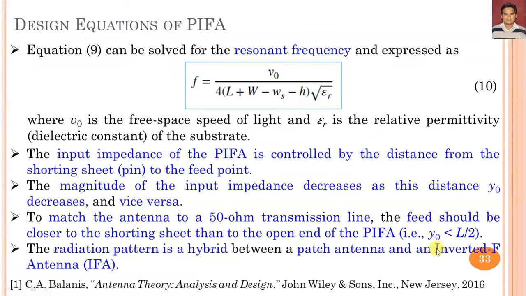In that case we get a bidirectional pattern, or we can say a figure of 8 shape. If we merge both the patch antenna and the inverted F antenna, then we get hybrid radiation pattern characteristics. So from the PIFA antenna we are getting the hybrid radiation.